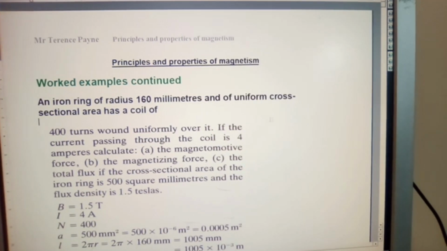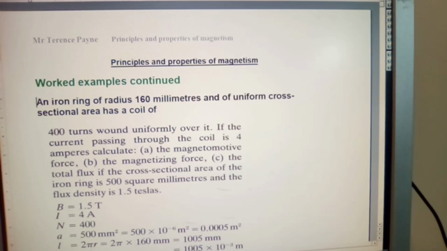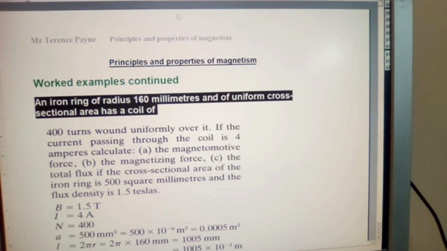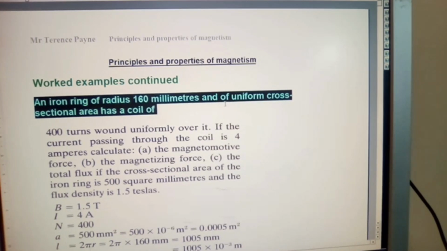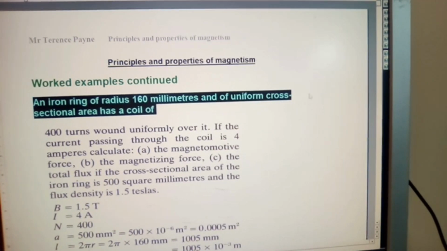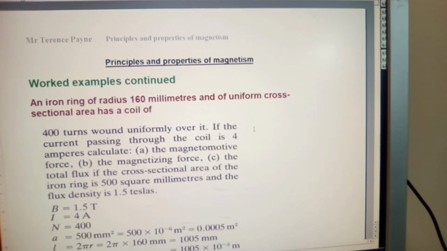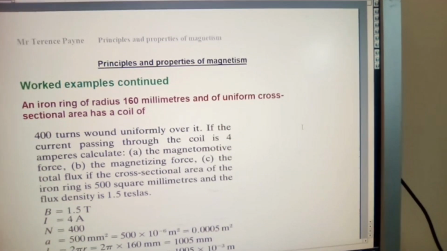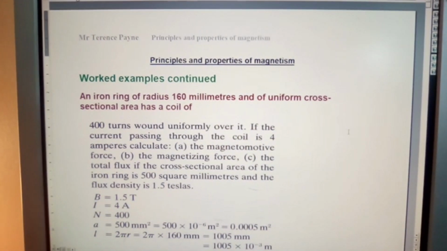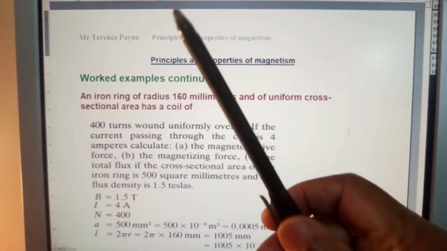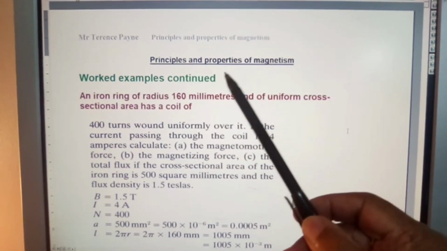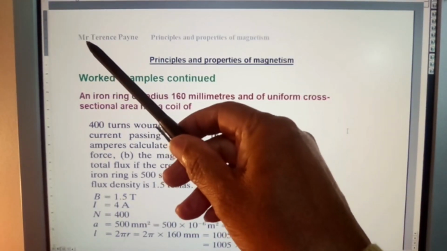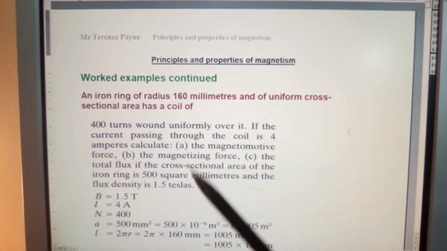That's my idea. And let me see if I can put certain things in color. Now, what I'm saying here is principles and properties of magnetism, and it's by myself, Mr. Terence Payne.